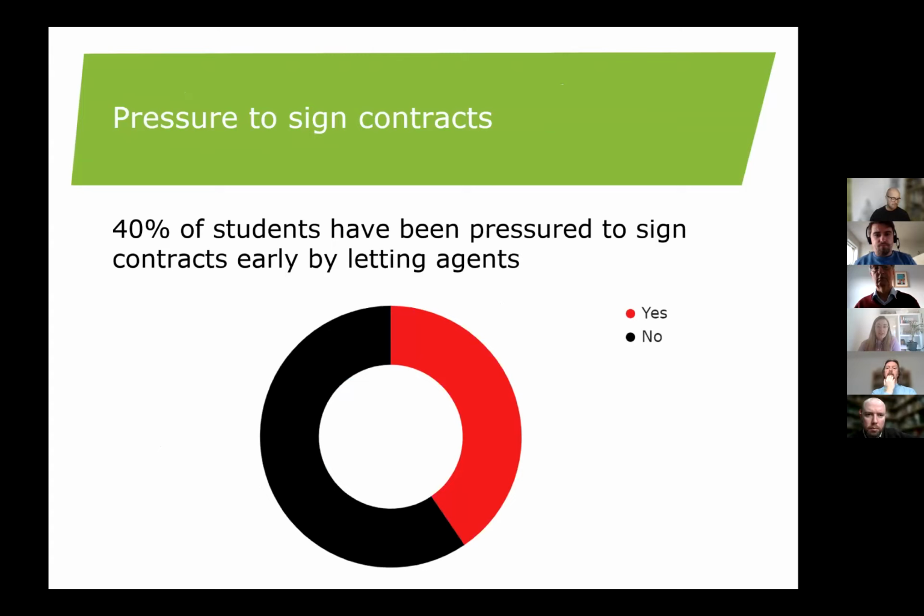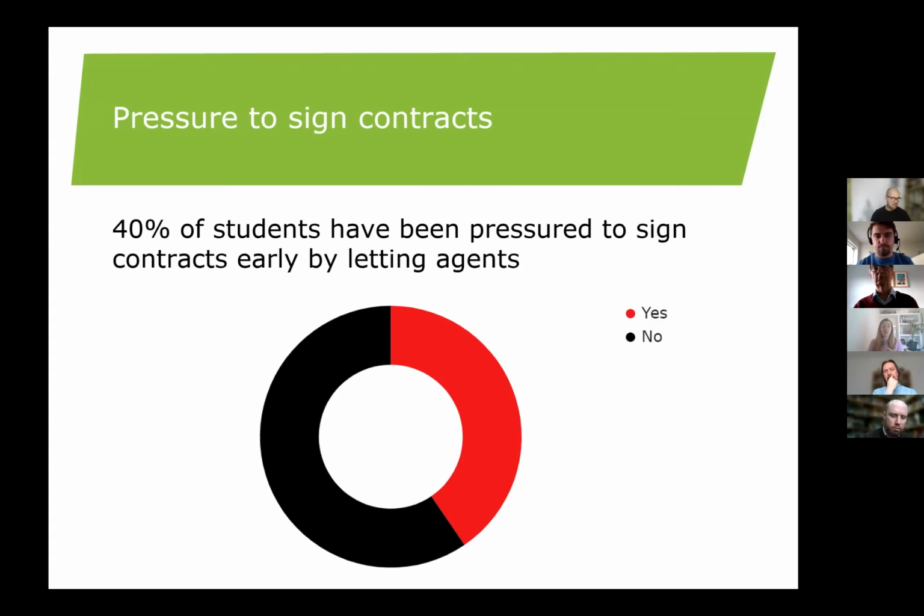Another thing we looked into was students being pressured to sign contracts to secure their housing early for next year, as early as possible in the academic year. Students aren't really experienced in this area anyway. Being pressured leads students to fail to properly read a contract, look at their housing adequately, scope out their landlord or their letting agent, or understand their rights. And it's a huge additional pressure that students face.